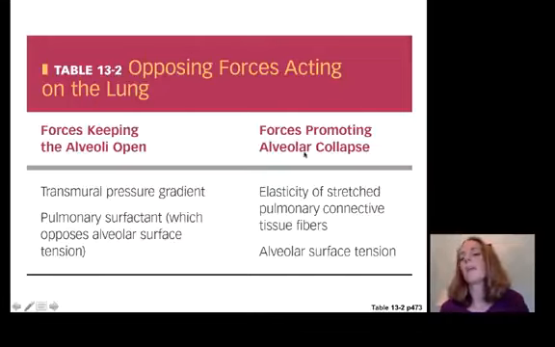The forces promoting alveolar recoil, or alveolar collapse in the extreme case, will be the elasticity of the connective tissue, so that allows them to stretch and then recoil, and the surface tension from the water. That allows the recoiling during expiration.